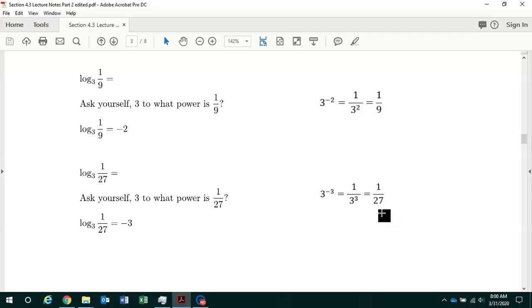Well, we know that 1/27 is equal to 1 over 3 cubed, right? 3 cubed equals 27. And 1 over 3 cubed can be written as 3 to the minus 3 power. So 3 to the minus 3 power is equal to 1/27. So log base 3 of 1/27 is equal to -3.